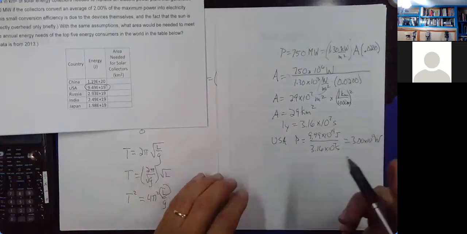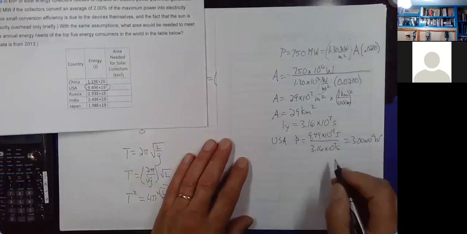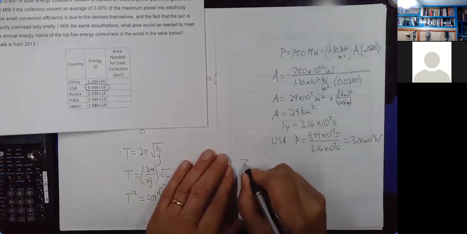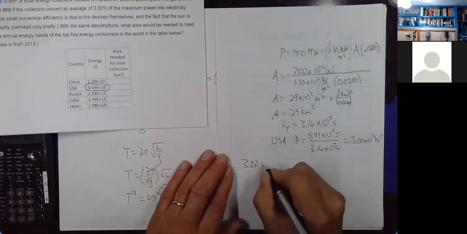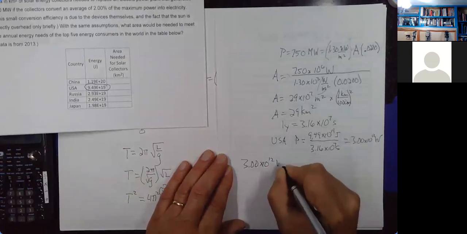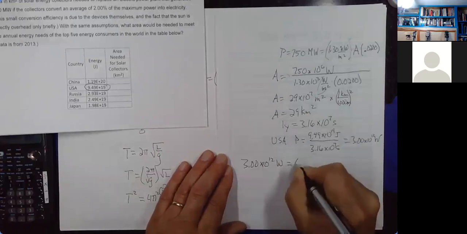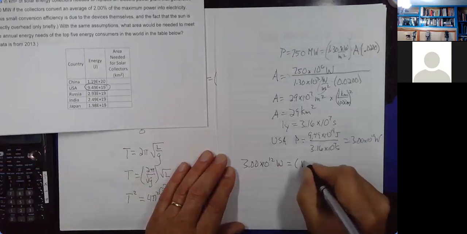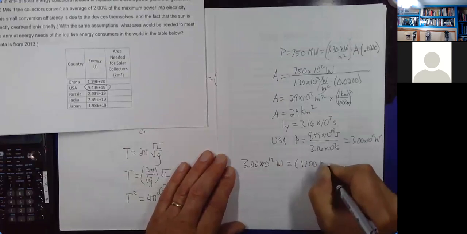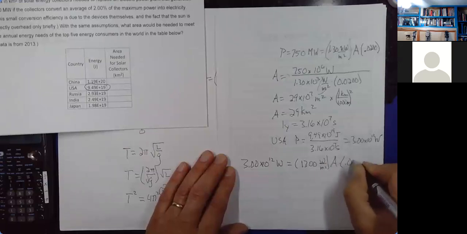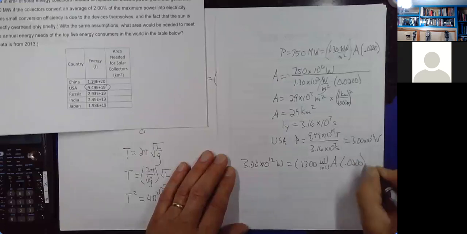And it's probably going to be a big area. So it'll be 3.00 times 10 to the 12th watts are going to equal, I'm going to write this as 1,300 watts per square meter again, times A times 0.0200, because they're not perfectly efficient.